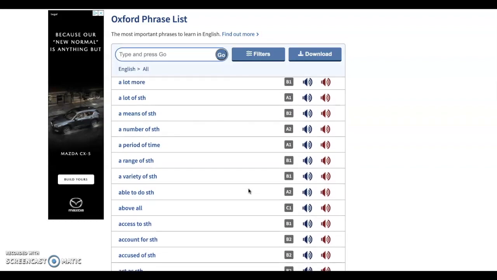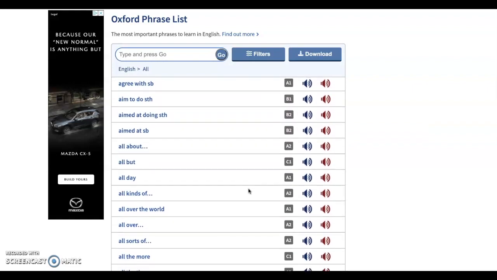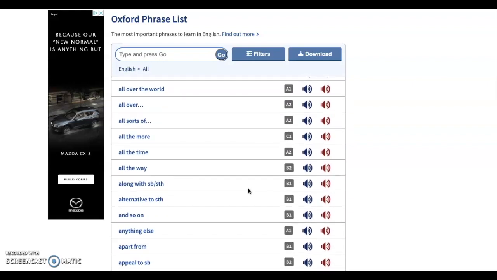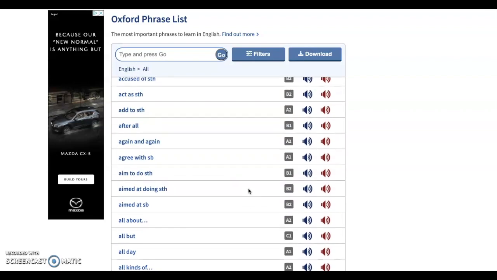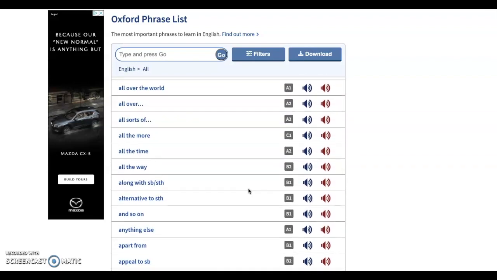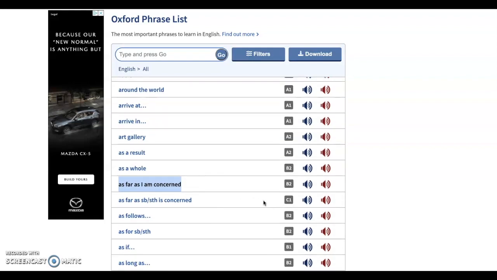Now, if we scroll down, we see a phrase such as far as something is concerned. Now, this phrase is more advanced, and this is something that's used by B2 or C1 level learners.